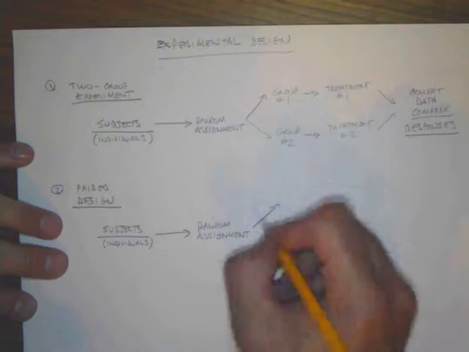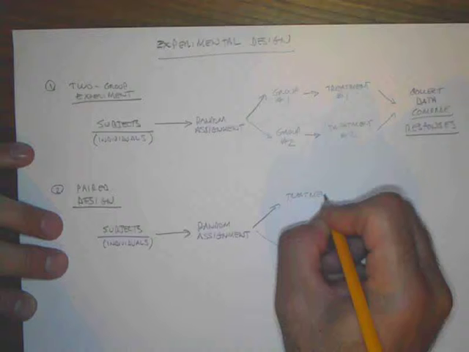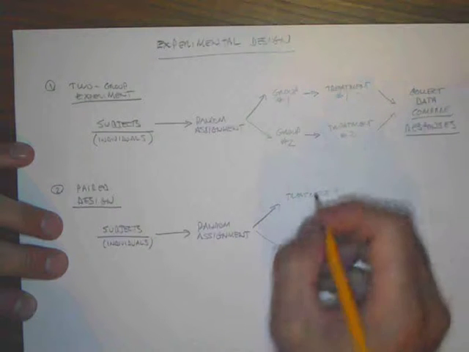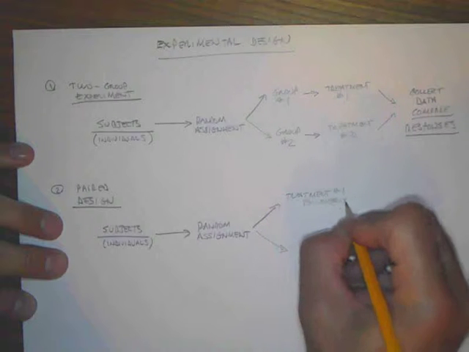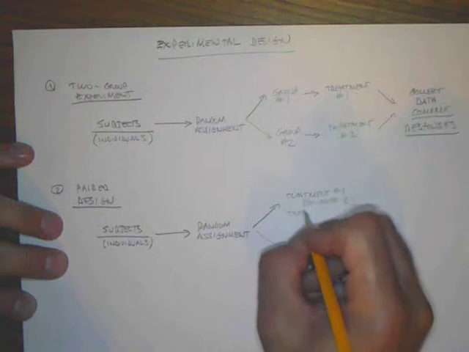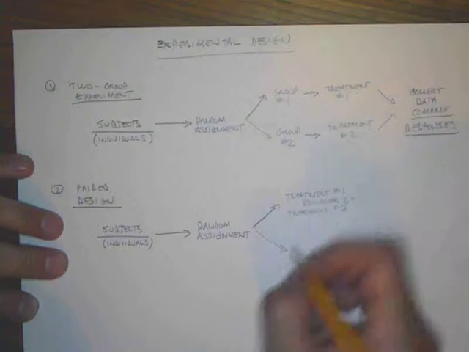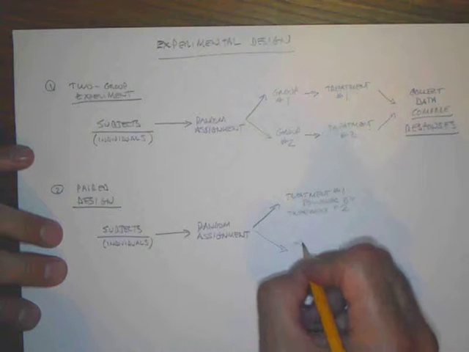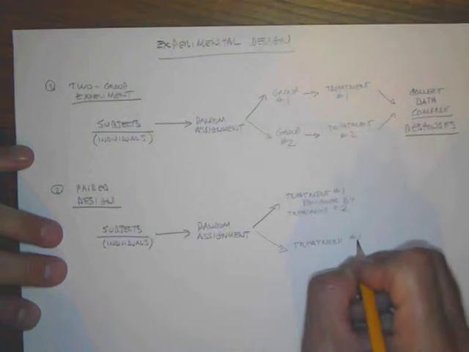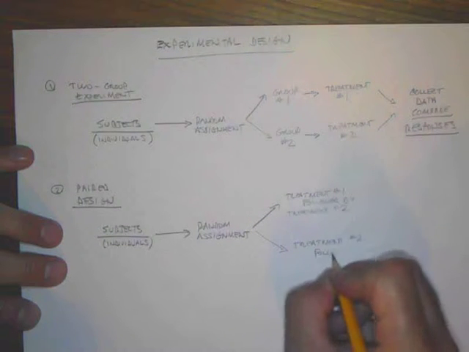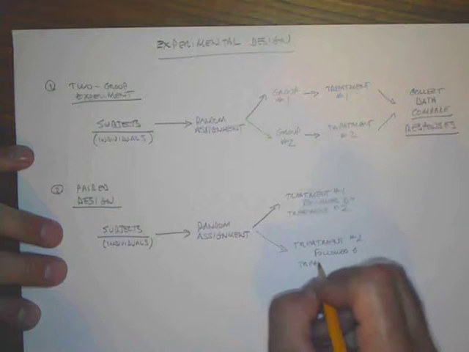Now, in this case, these people might get treatment number 1 followed by treatment number 2. And this group down here would get treatment number 2 followed by treatment number 1.